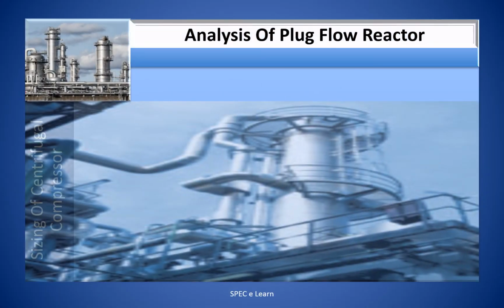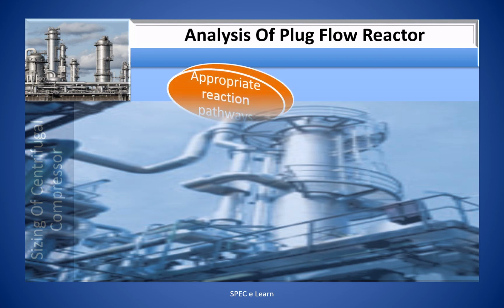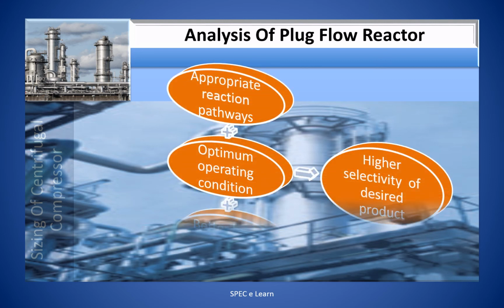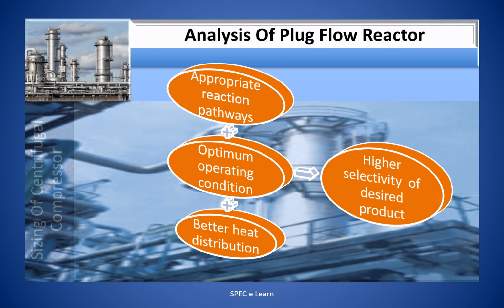So the strategy normally followed in multiple reactions is to select appropriate reaction pathways, optimize operating conditions, and provide better heat distribution, which ultimately lead to higher selectivity of the desired product.